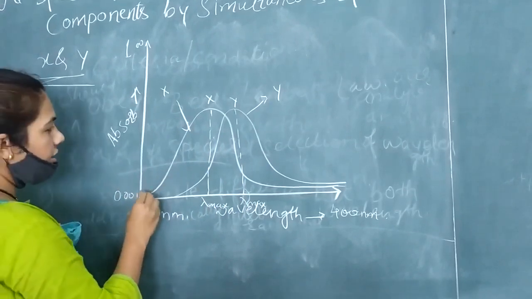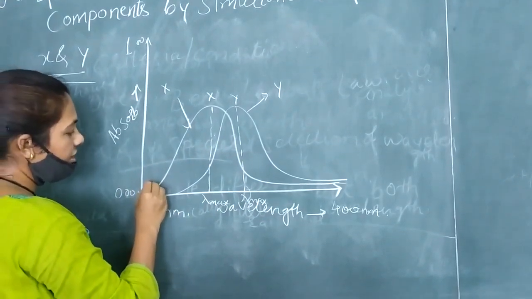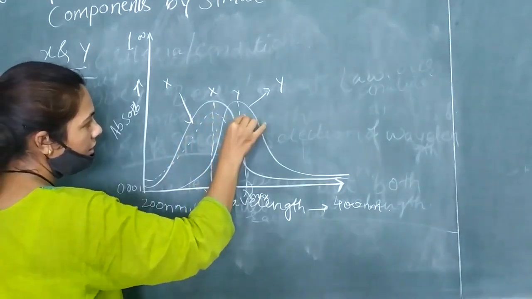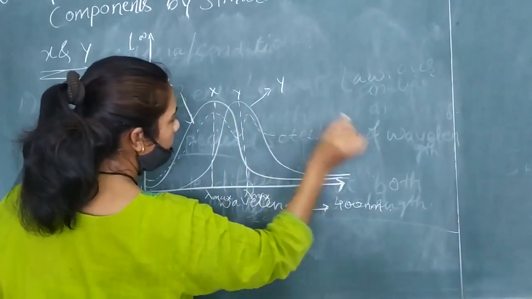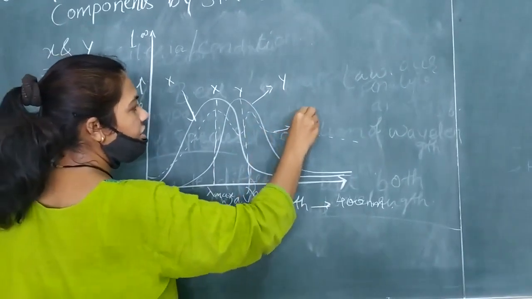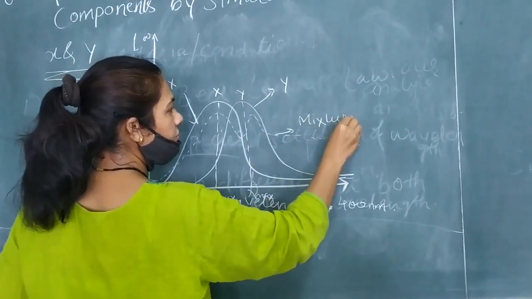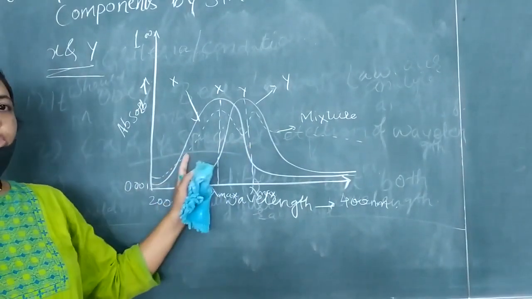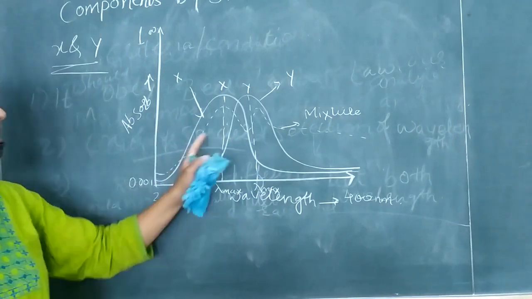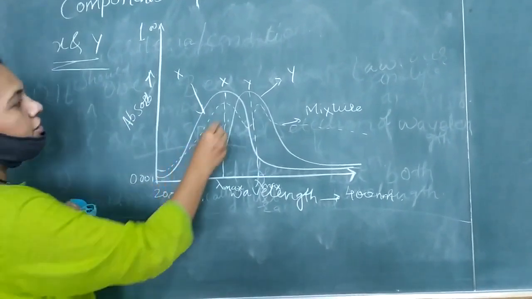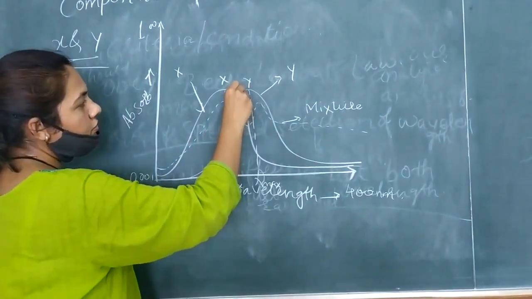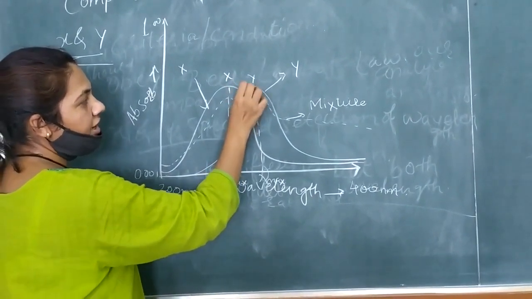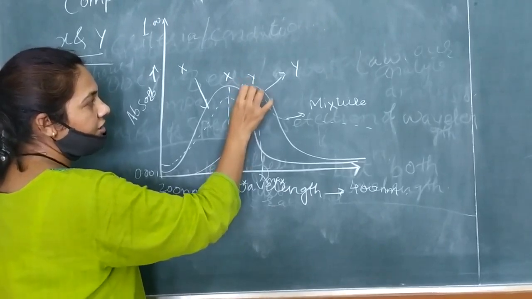And then if you are taking the mixture, this is our mixture. It will absorb at both the wavelengths of each standard drug. Now these two peaks, or the two graphs we are getting here, are interacting with each other.